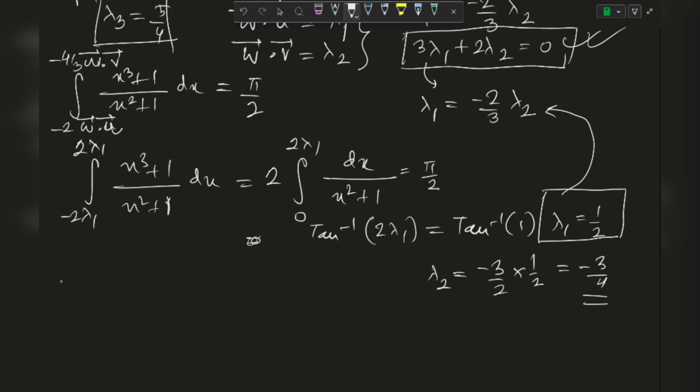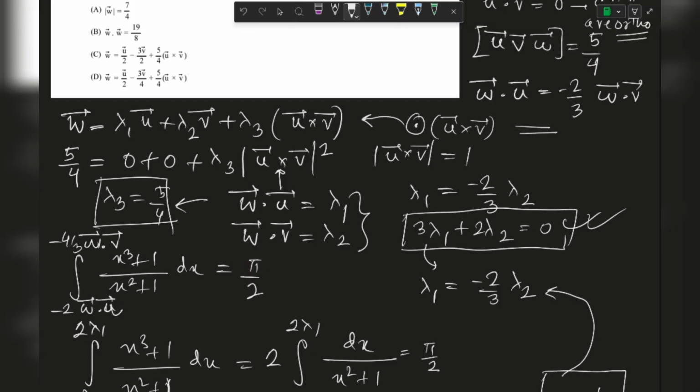So if we want to write down the final form of w, then this will become lambda 1, which is half u, lambda 2, which is minus 3 by 4 v, and I will just take a look at lambda 3, this is 5 by 4, plus 5 by 4 u cross v, which you can observe is option number D. So our option D gets correct.